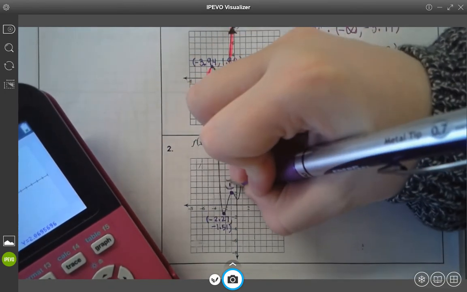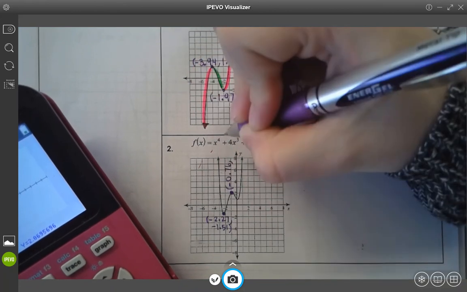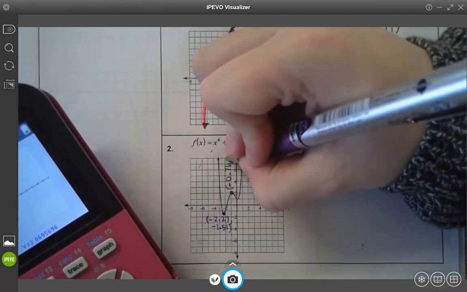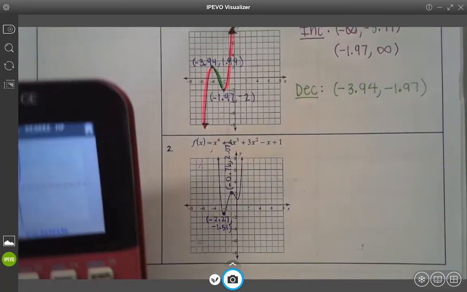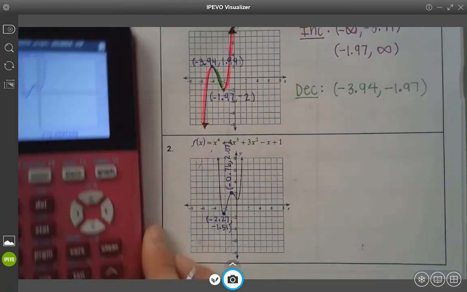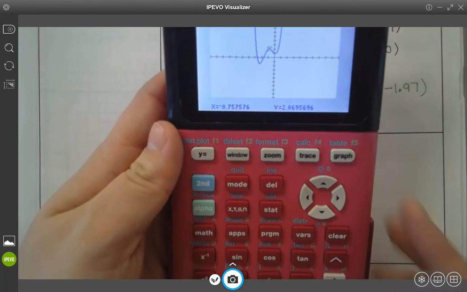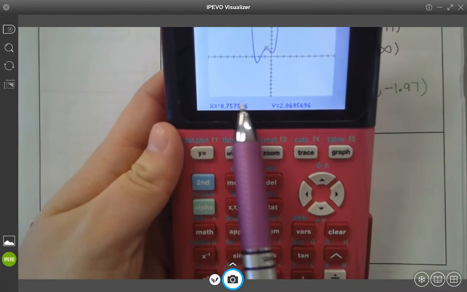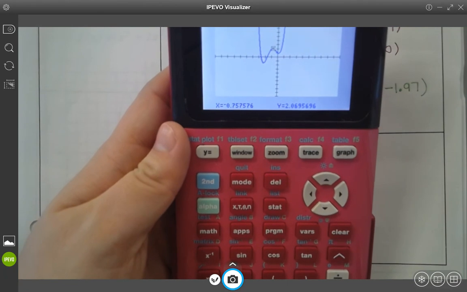Negative 0.76, comma 2.07. So that was my x and y. You need to know how to get that on your calculator.